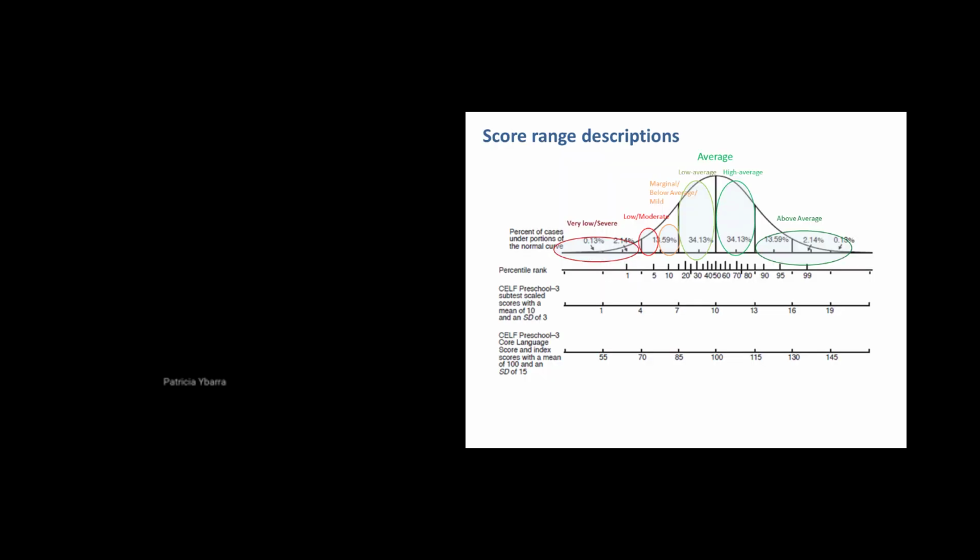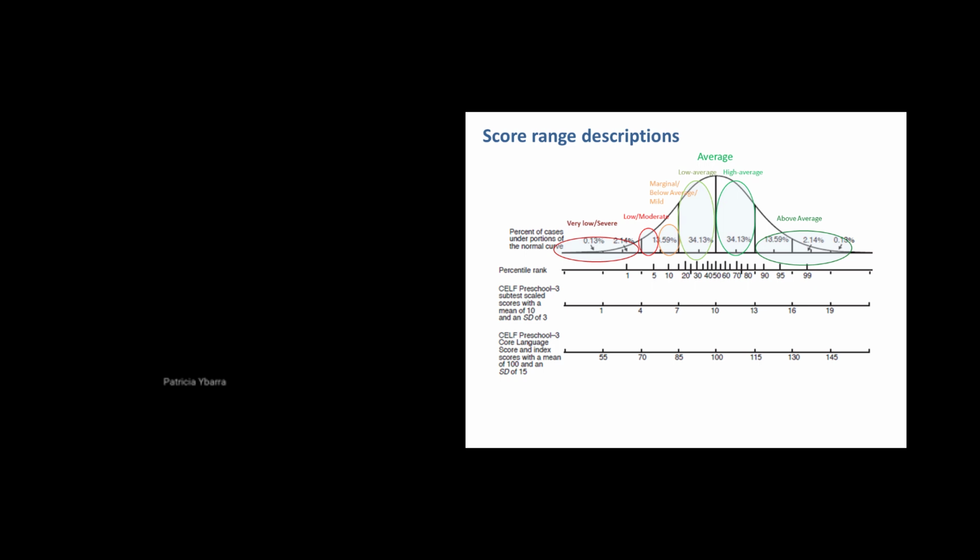And this visual illustrates the continuum of ability. So we're talking about language ability in this case. And I want to focus on those children in the marginal or below average, or some would say mildly impaired range. And I'm not going to suggest that children who score within one standard deviation below the mean be in therapy.